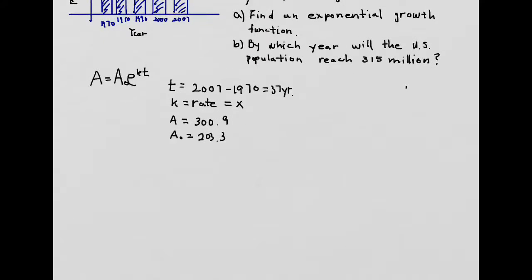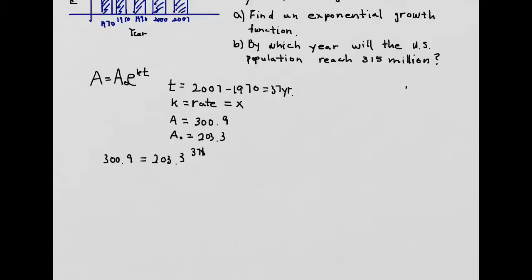So when we replace those values into the equation, we have 300.9 equals 203.3 e to the kt, and t is 37. K, which is x, right?